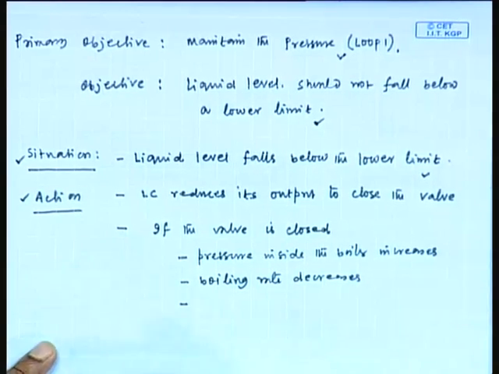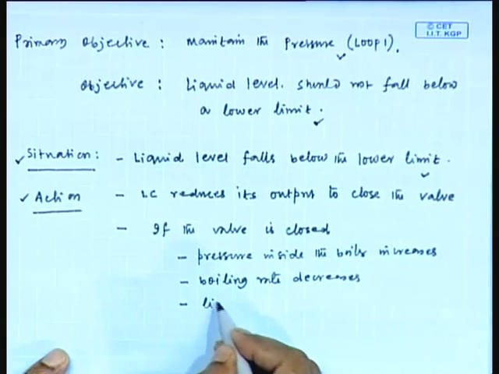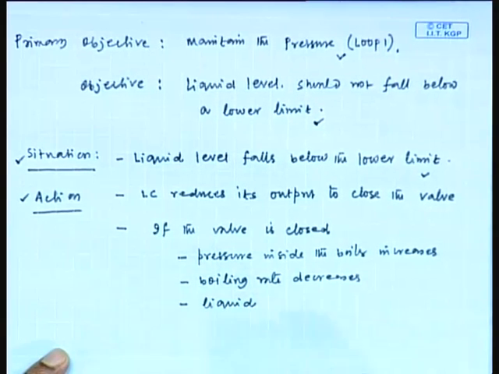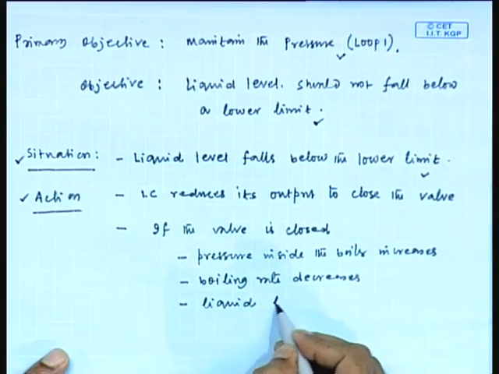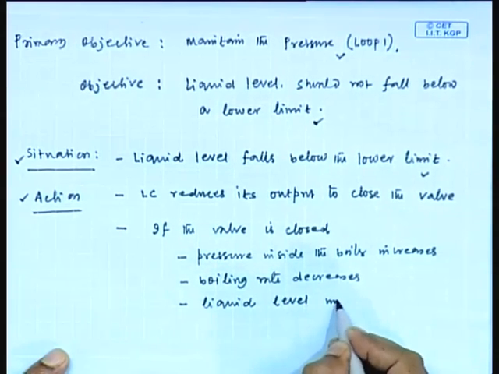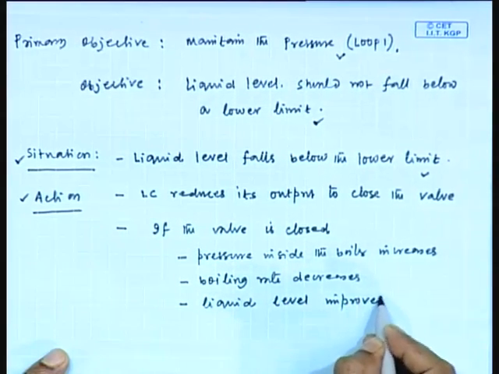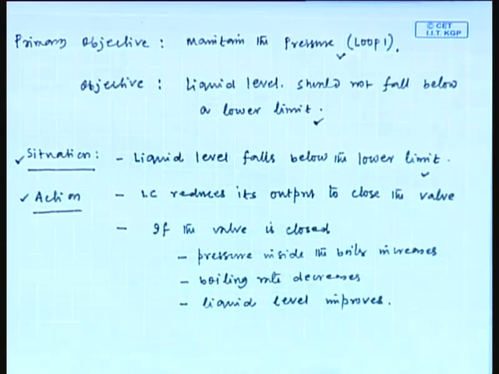If boiling rate decreases, the liquid level starts improving. Agree? Therefore, the level controller reduces its output to close the valve.